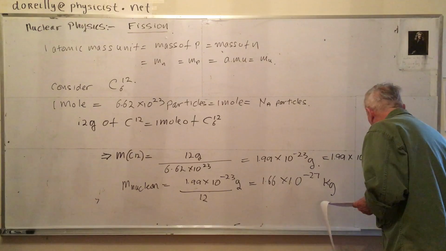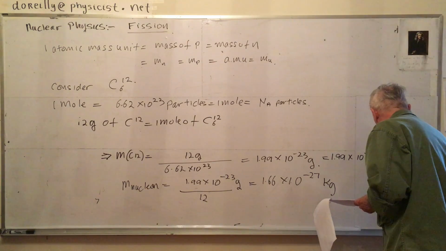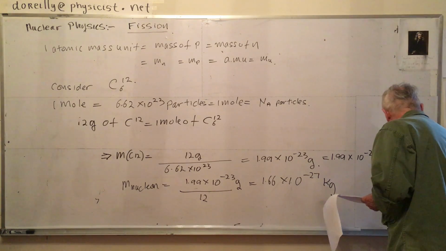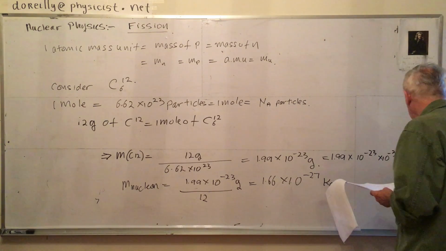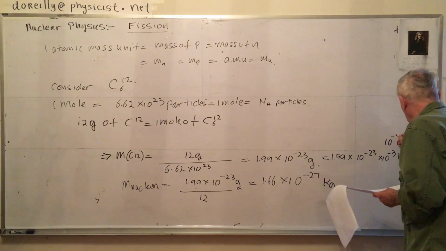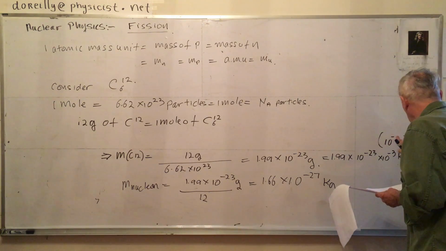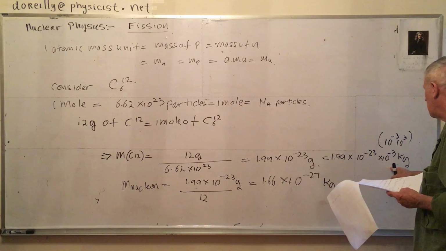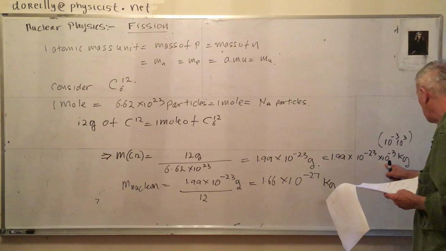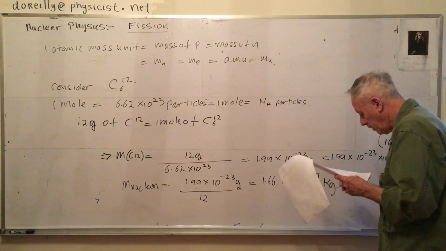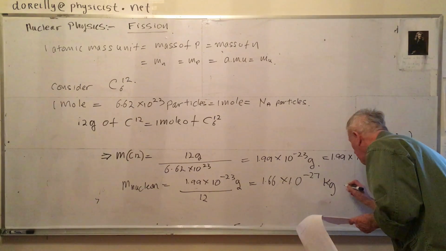So that's 1,000. 10 to the power of minus 3 times 10 to the power of 3 makes this just 1. So the kilogram and this just makes 1. So that's going to be 1.66 by 10 to the power of minus 27 kilograms.